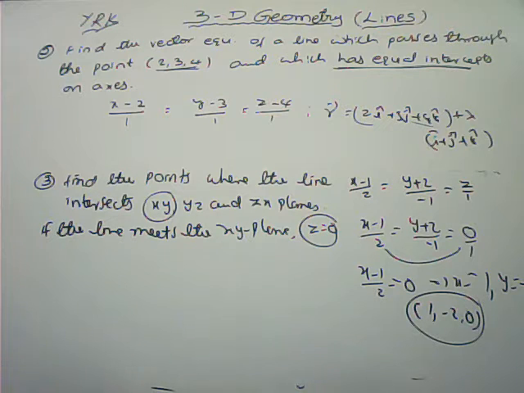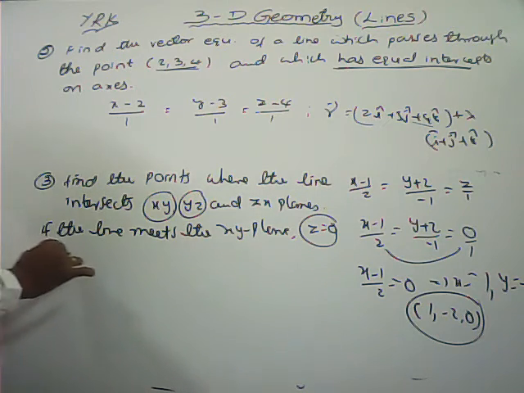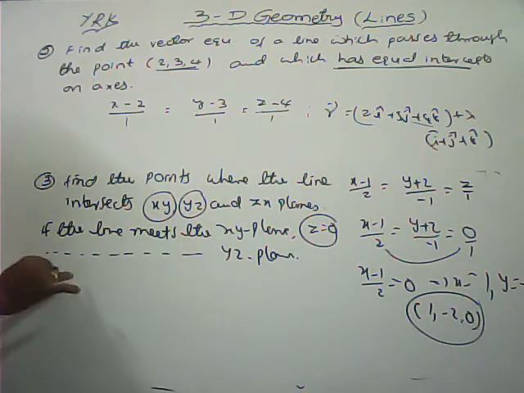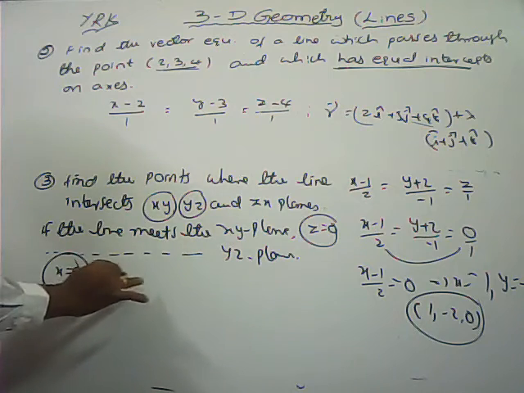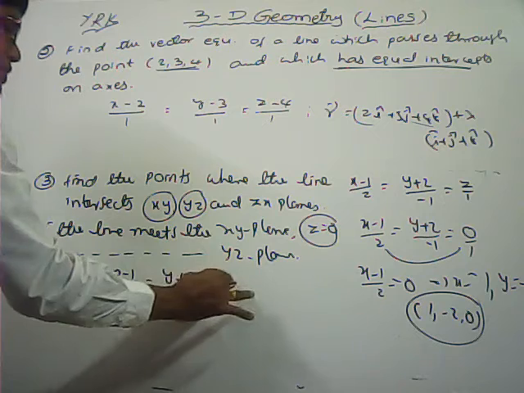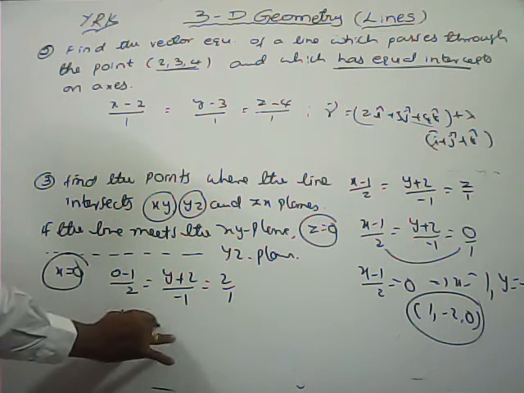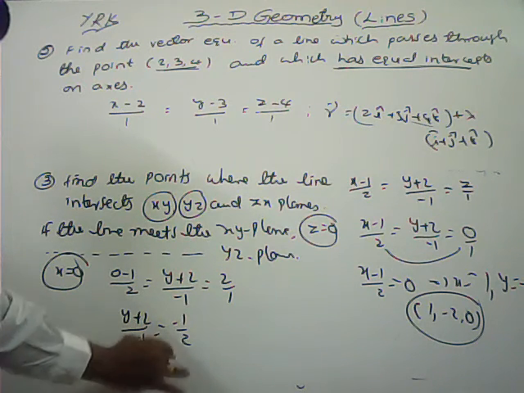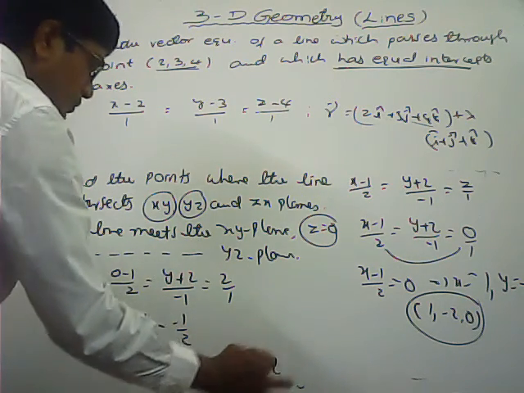And it meets the yz plane at: if the line meets the yz plane, on the yz plane the x coordinate should be 0. Put x equals 0: (0 minus 1)/2 = (y plus 2)/minus 1 = z/1. By equating these two, (y plus 2)/minus 1 equals minus 1/2. So y plus 2 equals 1/2, y equals 1/2 minus 2, which is minus 3/2.